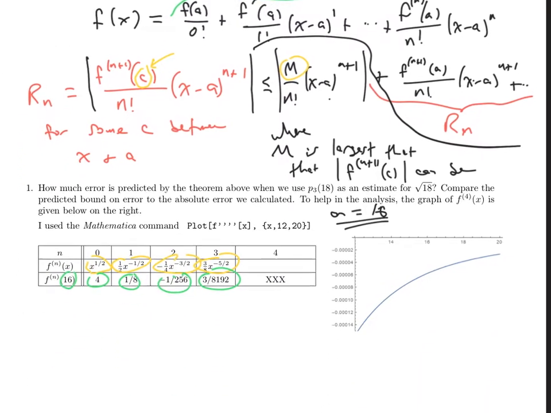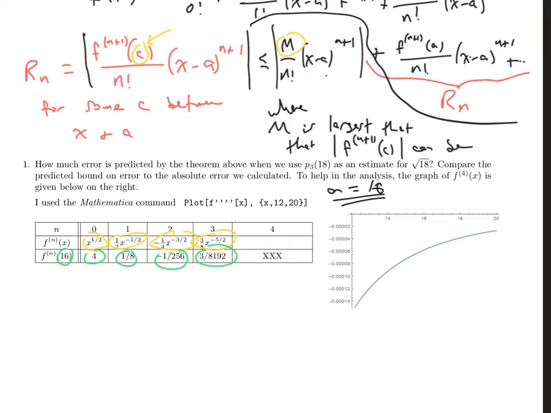So if I use 3 derivatives to build my polynomial, I need the fourth derivative to understand the error. So in practice, that means I need to calculate one more derivative here. So negative 15/16 x to the negative 7/2 will be my next derivative. I put some x's here just to discourage you from just immediately plugging 16 in. That's not what we're doing here.